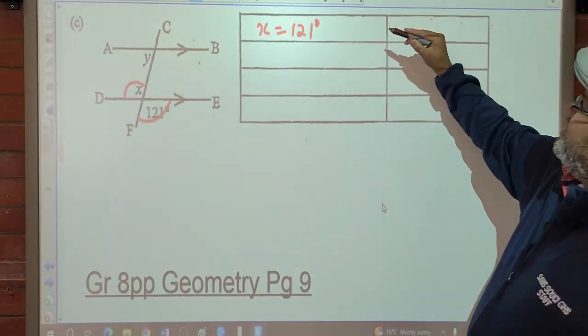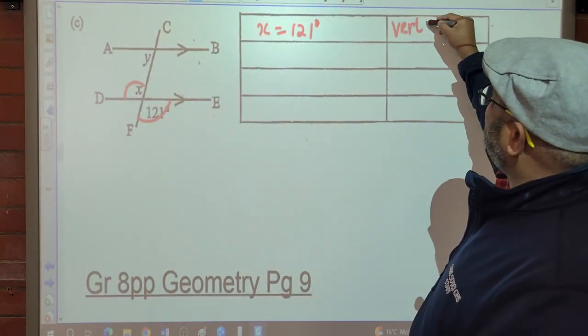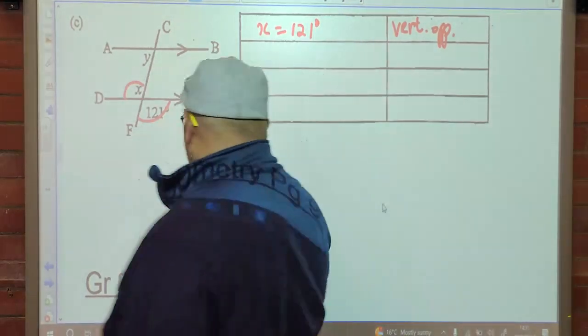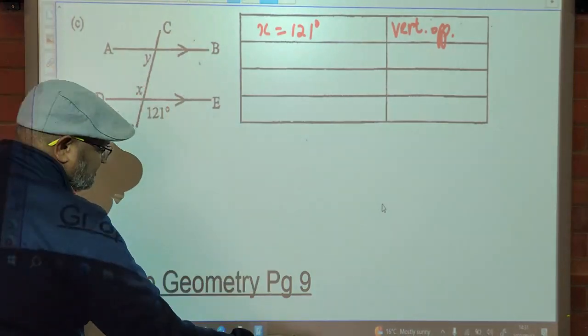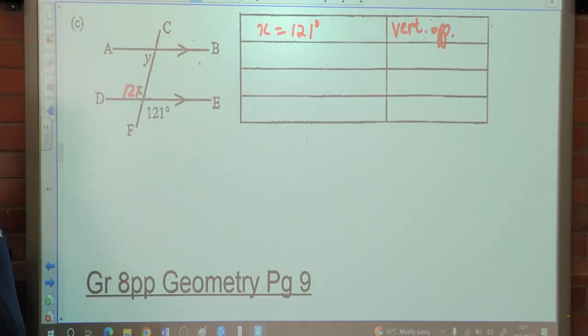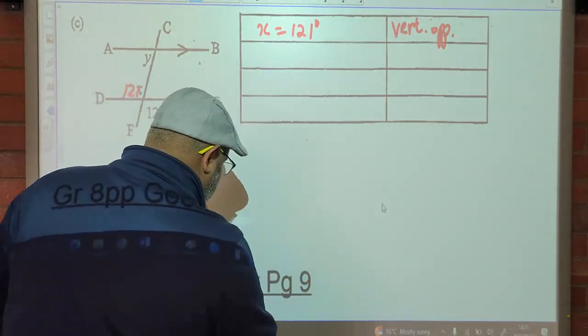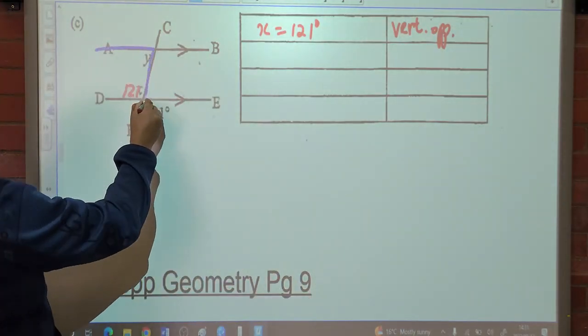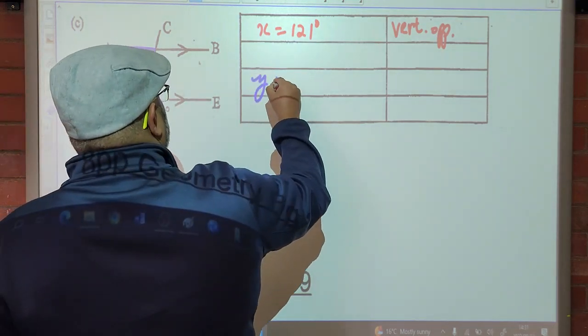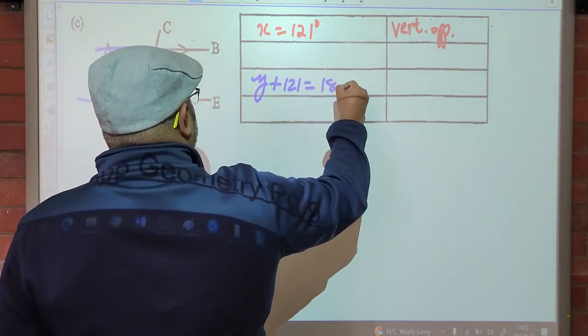Okay. See what's happening here? It's going to be vertically opposite. So we put this 121. Okay. Now what? How are we going to calculate y? Co-interior angles. Okay, so y plus 121 is equal to 180.